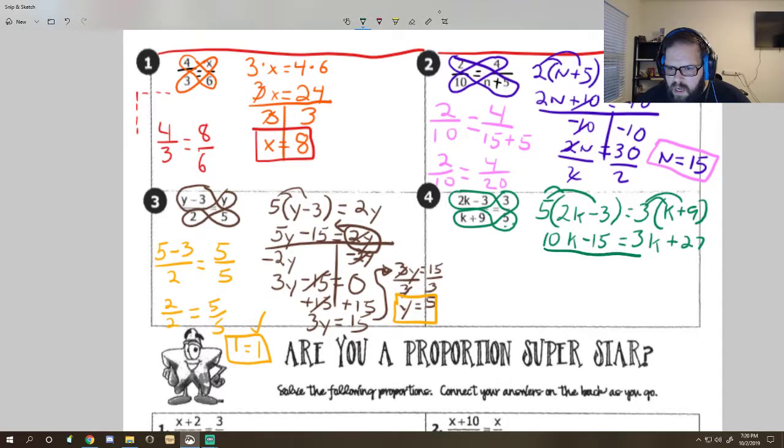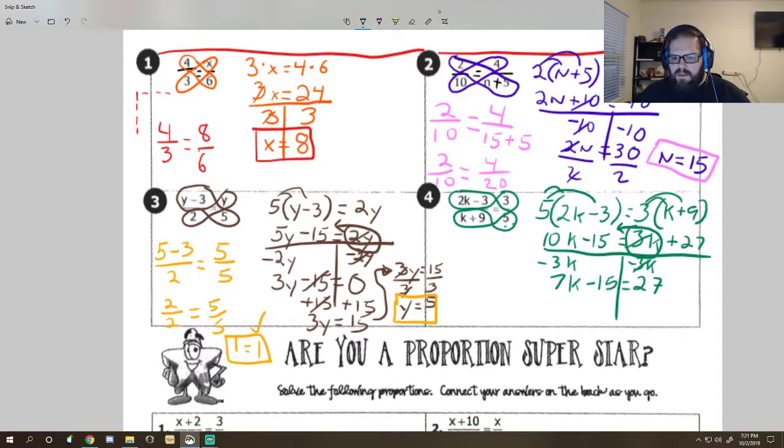So now I do my balance as per usual, and I take my 3k and move that over to the other side. 3k minus 3k is nothing. 10k minus 3k will give us 7k. 7k, I bring down my negative 15 equals 27.